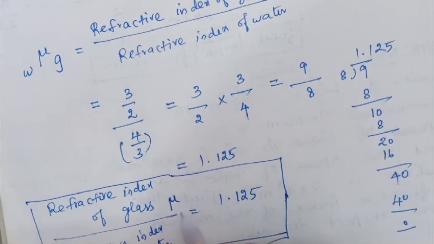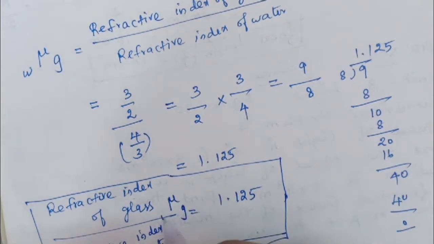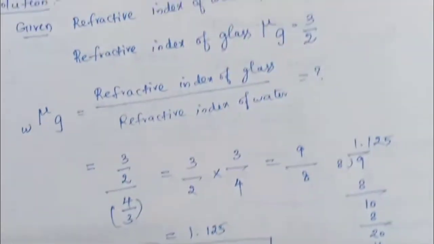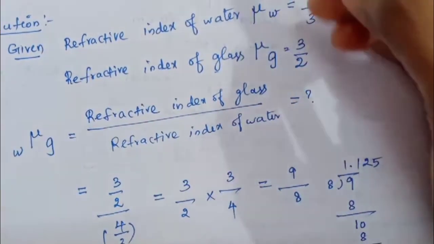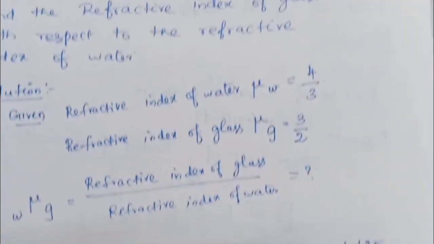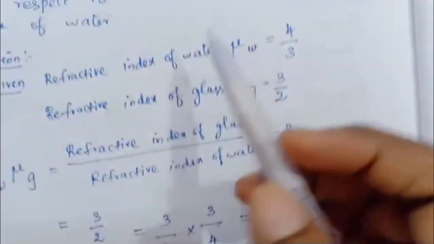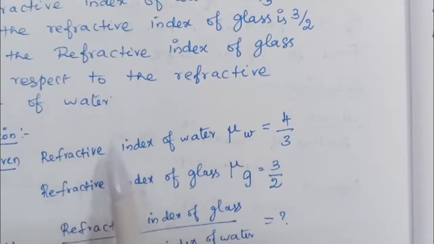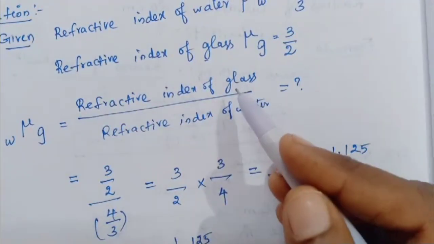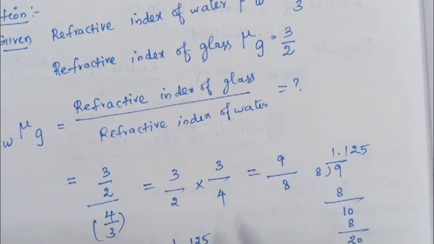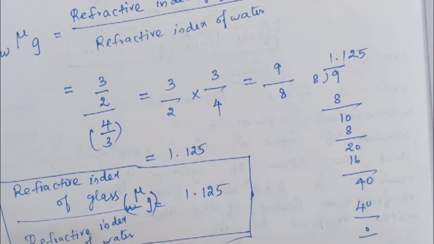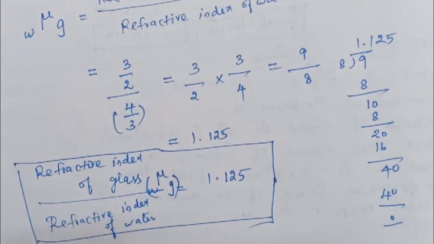Simply we can write now: mu G, glass with respect to W, is equal to 1.125. Here there is no formula, only the given values; we have to calculate the ratio. First, refractive index of glass with respect to refractive index of water, so we divide glass by water. We get the answer 1.125. Clear children? Thank you.